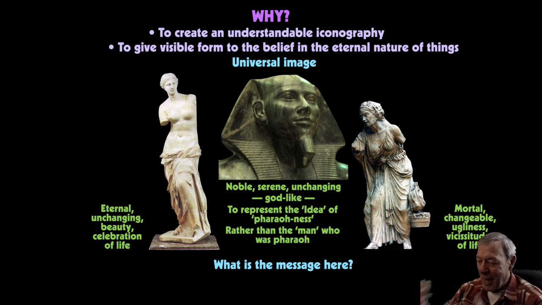So changelessness is one of the most remarkable traits of Egyptian art. But as we talk about it from this point of view, we begin to understand why. It's not because they're not innovative or they're not creative or they're not capable. It's because they have a particular message they're trying to communicate, and that message remains the same throughout 3,000 years.